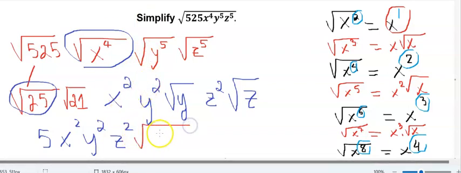Square root of 21. Square root of y. But I'm not going to rewrite the square root. I'm going to put everything under that big square root. And then square root of z. And that will be my final answer. Okay? Yeah, square root of z.